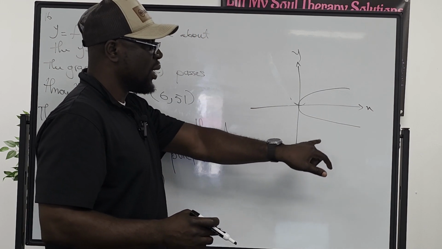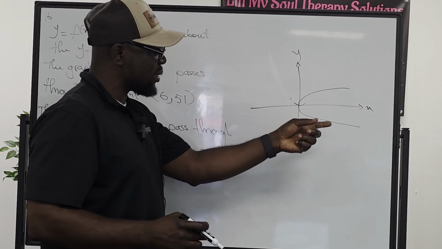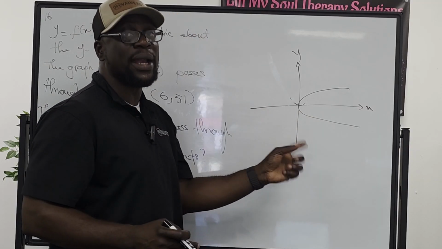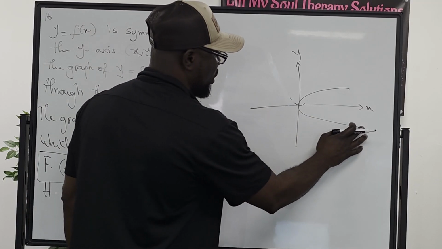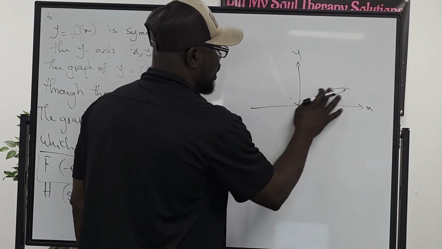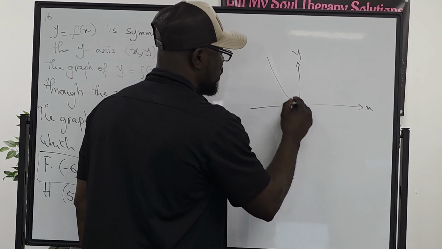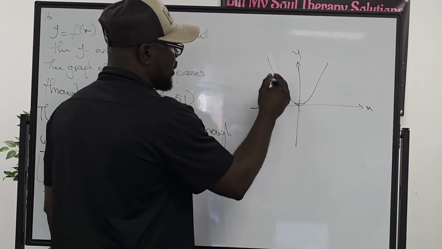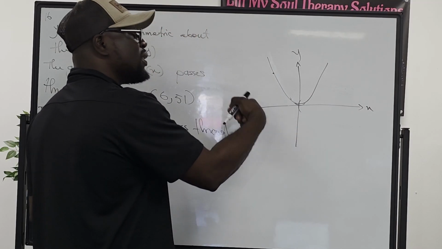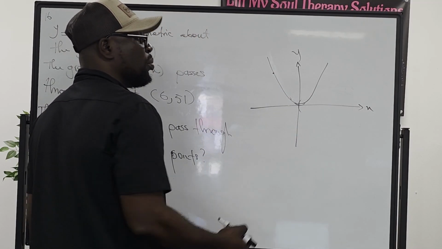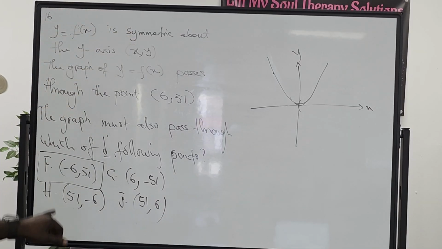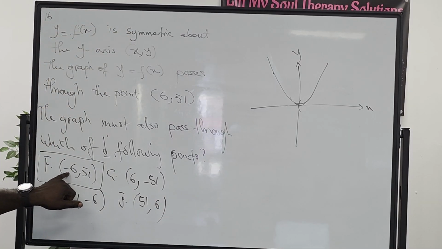If it's symmetric about the x-axis, then your y is going to be negative. But since they said it's symmetrical about the y-axis, our x is going to be in the positive and in the negative zone, and our y is going to be in the positive zone. So minus 6, 51 is going to be our answer.